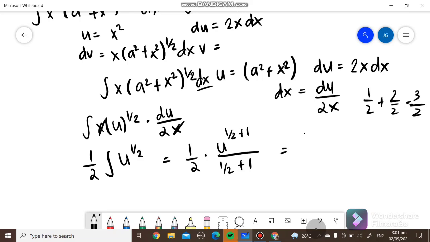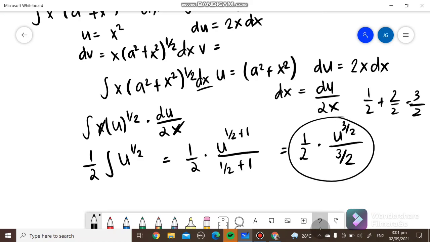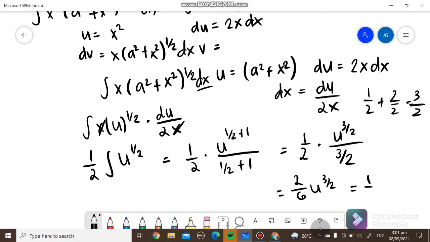So, we have 1/2 multiplied by u raised to 3/2 all over 3/2. The simplification of this one is simply 2 over 6 u raised to 3/2, or 1/6 u raised to 3/2.